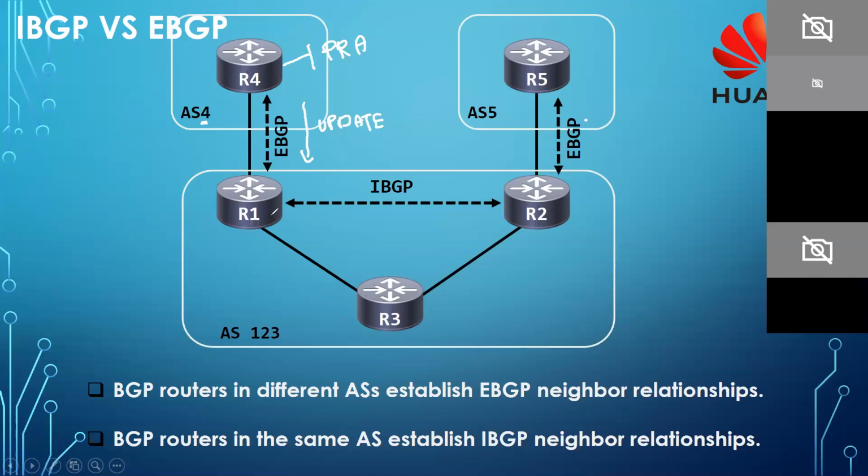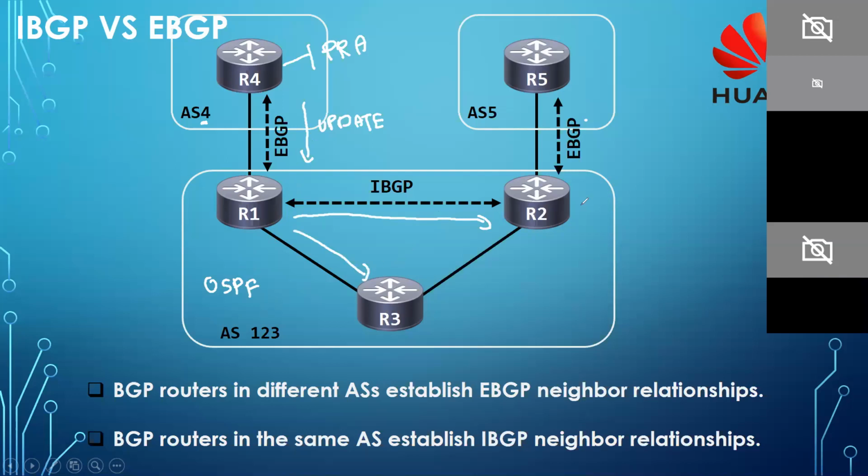The first one is that inside our autonomous system, we run an IGP, for example OSPF. So we can import or redistribute the BGP learned routes into OSPF. When you redistribute the route into OSPF, R1 will send this route to R2, and R3 also will receive the route, but via OSPF.